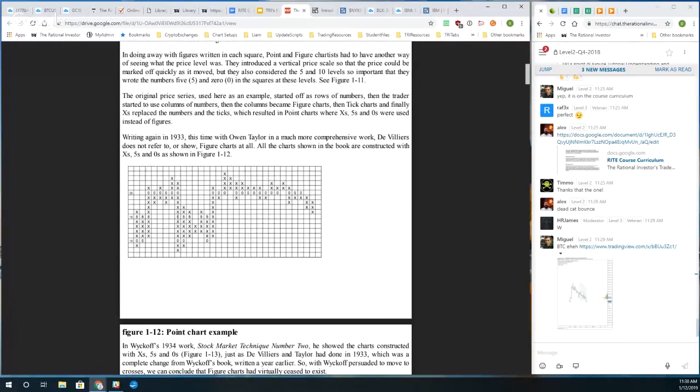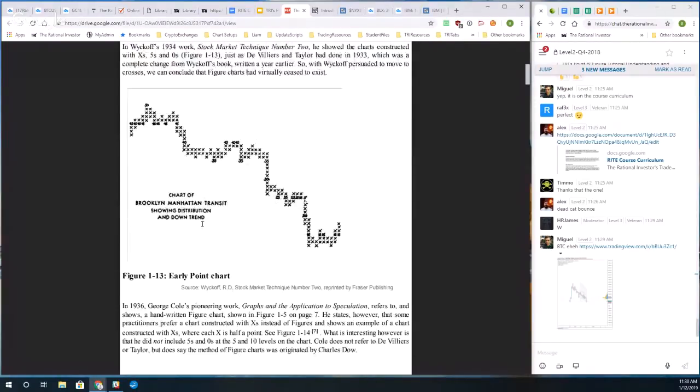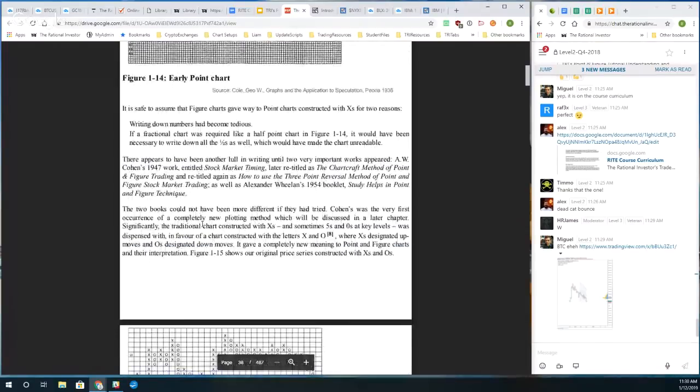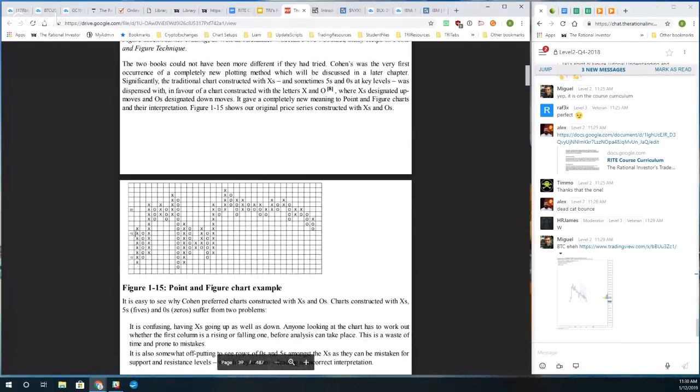You can see here, this is just all X's. As we evolved over time, with point and figure, you can see the numbers along the y-axis, but instead of writing the numbers or just a check mark, we denote rising markets with an X and falling markets with an O. In essence, this becomes the evolutionary process of point and figure charting.